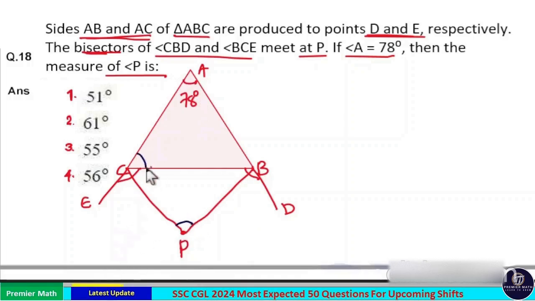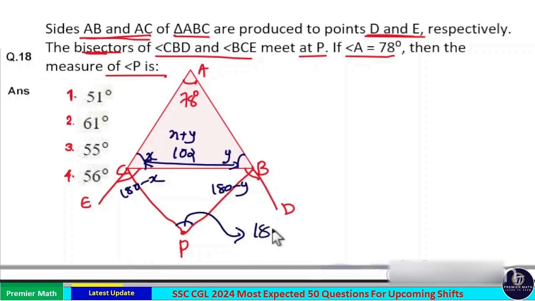Now consider this as angle X and this as angle Y. Then from this larger triangle, X plus Y is equal to 180 minus 78, 102 degrees. And here if this angle is X, then this whole angle is equal to 180 minus X and this whole angle is equal to 180 minus Y. Now angle P, if you consider this lower triangle, is equal to 180 minus the sum of other two angles.